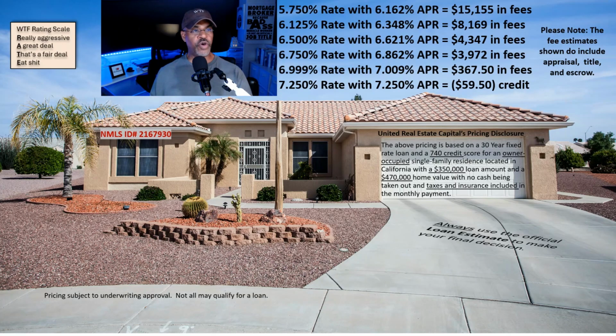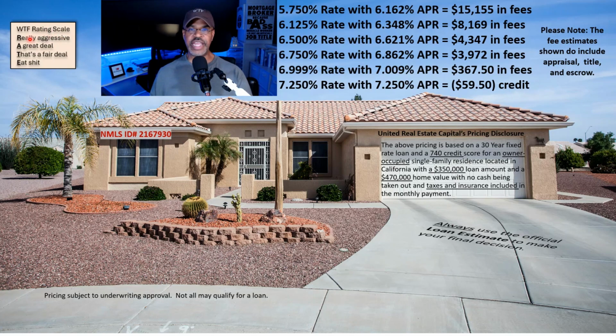And over here, this is my famous or infamous WTF rating scale. I made the word rate here so it's easy to remember. So if you see interest rate pricing that is lower than this, for example, if you see a 6.5 rate and the APR is like 6.2, a lot lower than this, then that's really aggressive pricing.